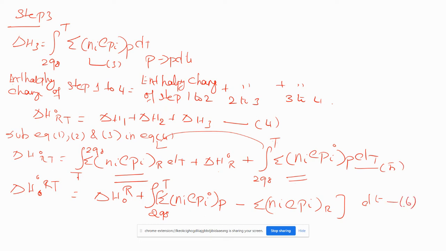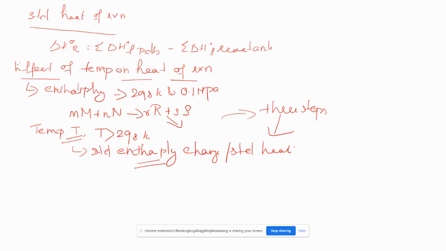Is it clear? So now the Cp naught value. The value of Cp naught is given as A plus BT plus CT square. So sigma Ni Cpi naught of P, how will we write this?